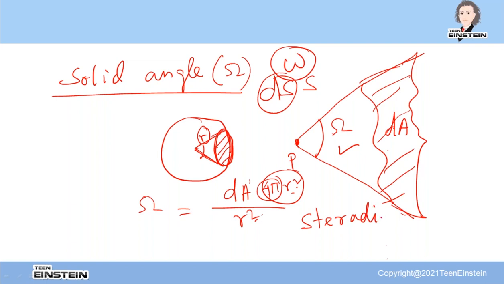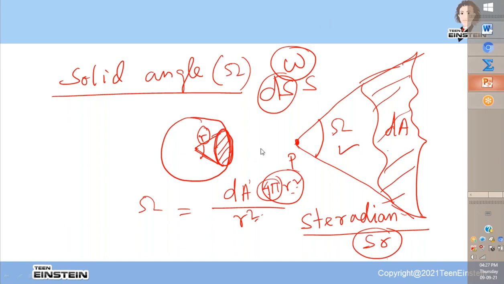It is called steradian, in short written as SR. With this, we complete the solid angle and our plane angle. Now we'll go to some other topics.